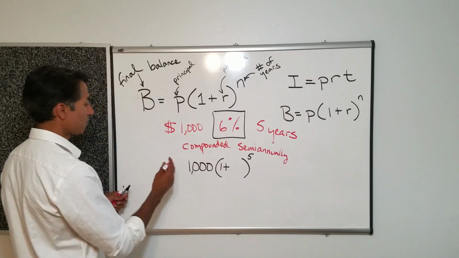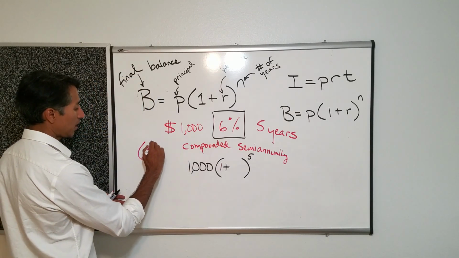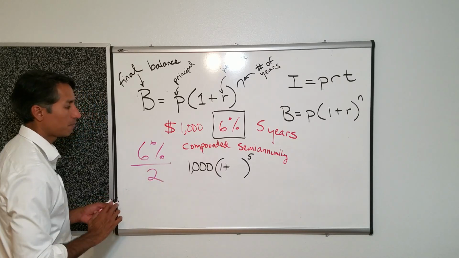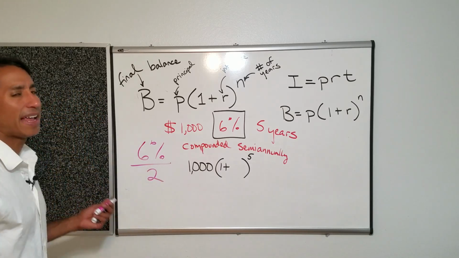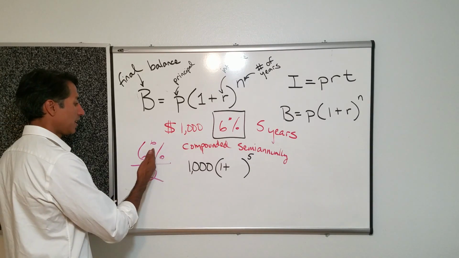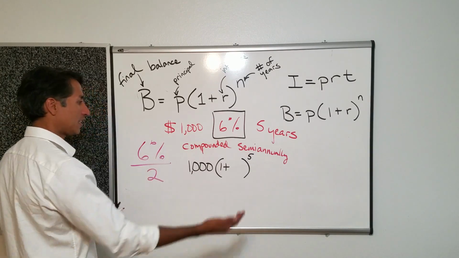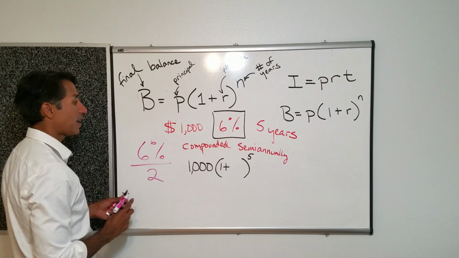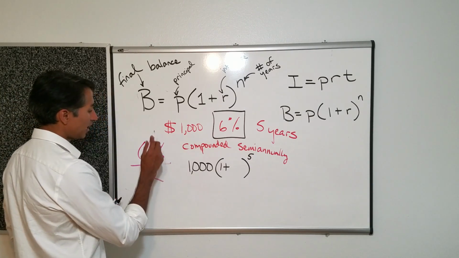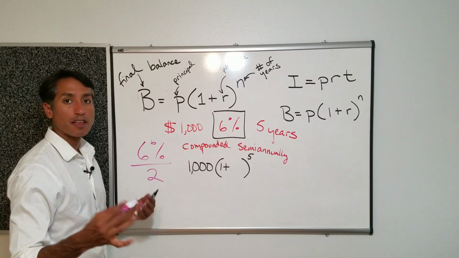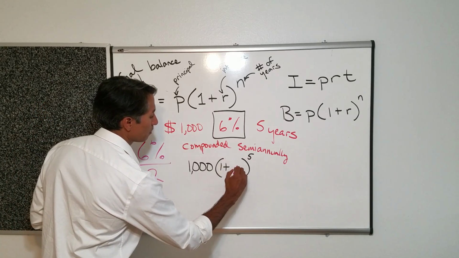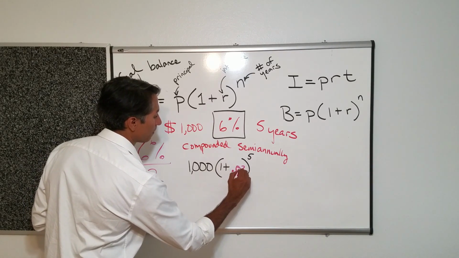So what you do is you take your 6% and you divide it by 2 because you want semi-annually. If it was annually, it would be 6%. If it's semi-annually, you divide that in half. So you end up with, instead of 6%, 3%. Or if we write it in decimals, 0.03.